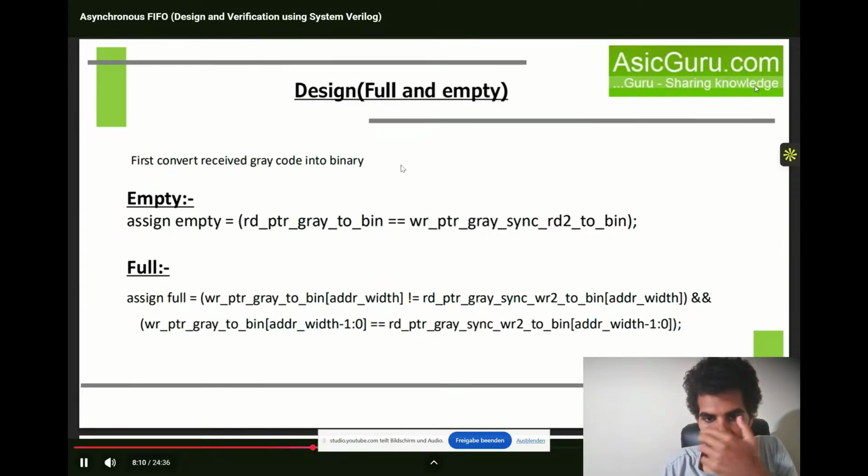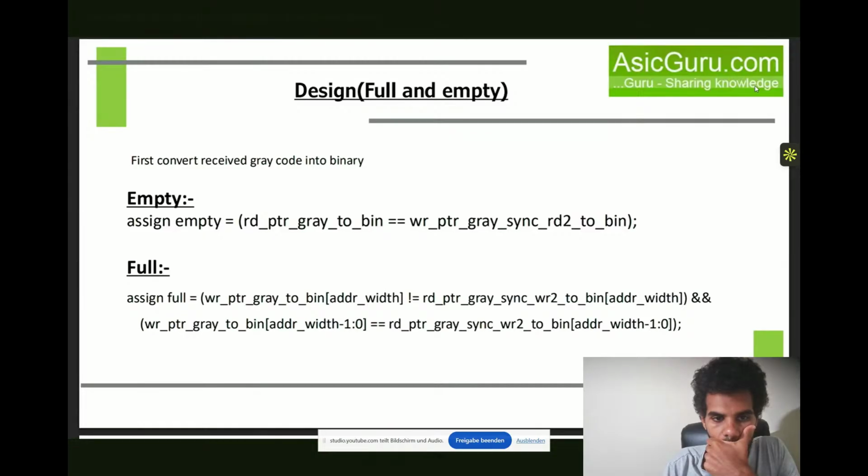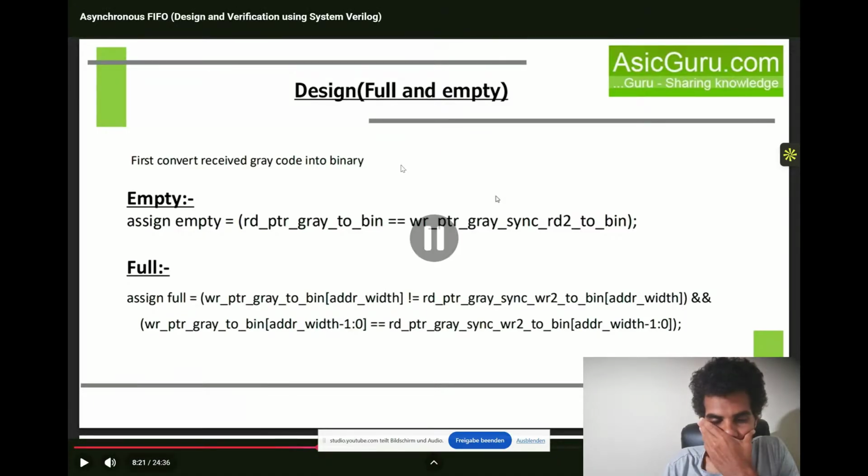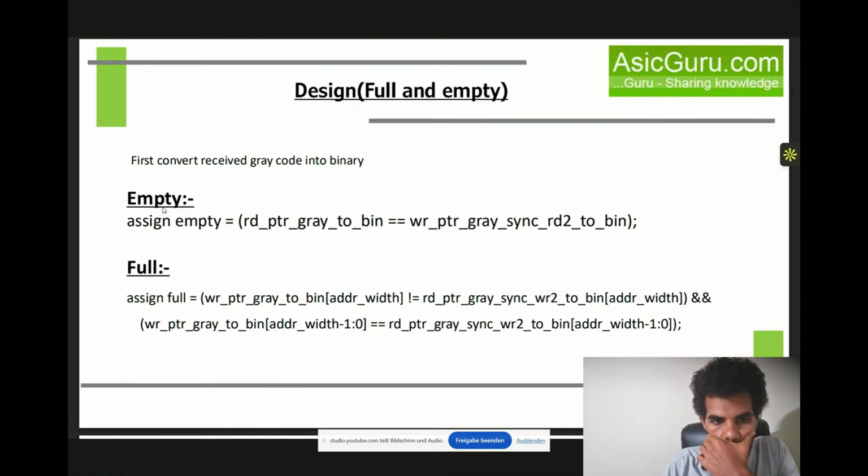Now let's move to the design part of our asynchronous FIFO. Here is the logic for empty and full flags. Full and empty flags are generated using the difference between write and read pointer after synchronization. The key idea for finding empty is that if both the pointers are equal, then we consider our FIFO to be empty.